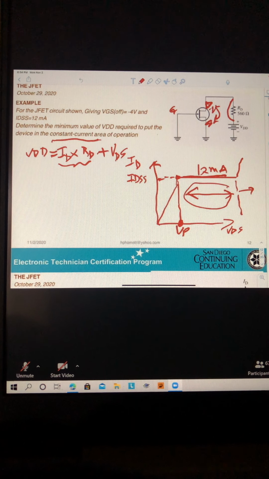That means you can get VRD. Okay? 12 times 0.56. And then you have to get another one: VDS.